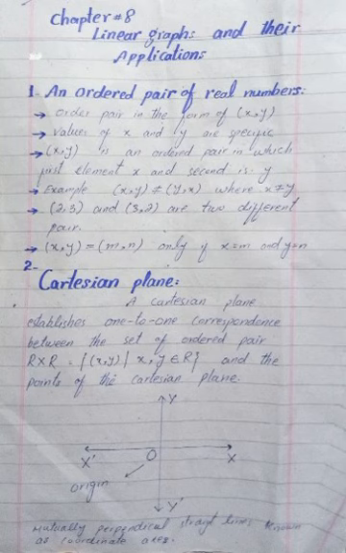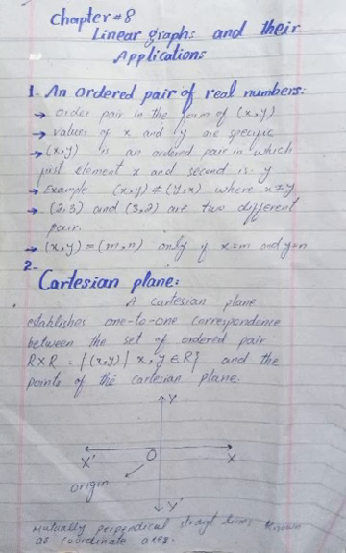Now we'll talk about the Cartesian plane. A Cartesian plane establishes a one-to-one correspondence between the set of ordered pairs R times R, which is equal to the set of ordered pairs (x, y) such that x and y belong to the real numbers.